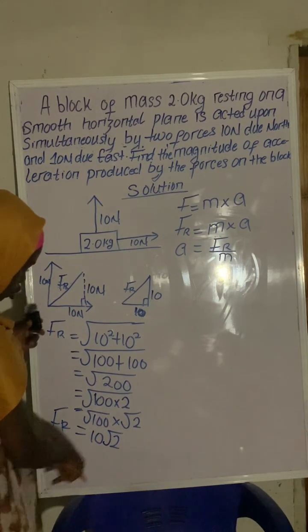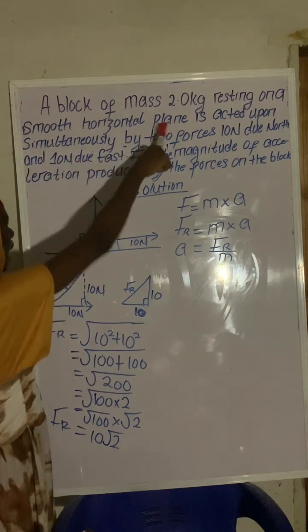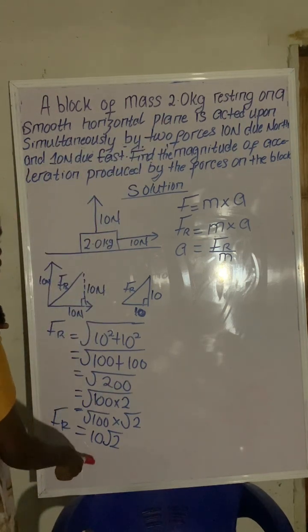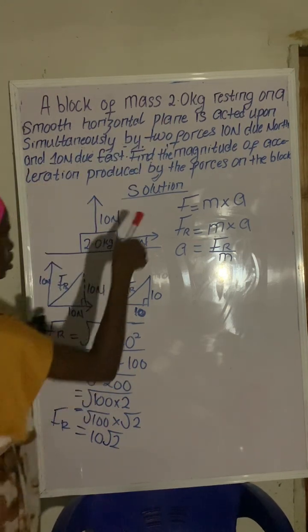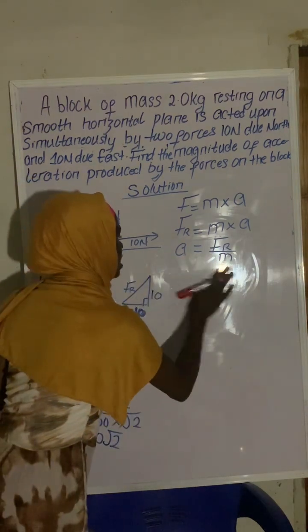So we are going to substitute this, and we know the mass is 2.0 kg. Let's substitute these two into the formula for acceleration.